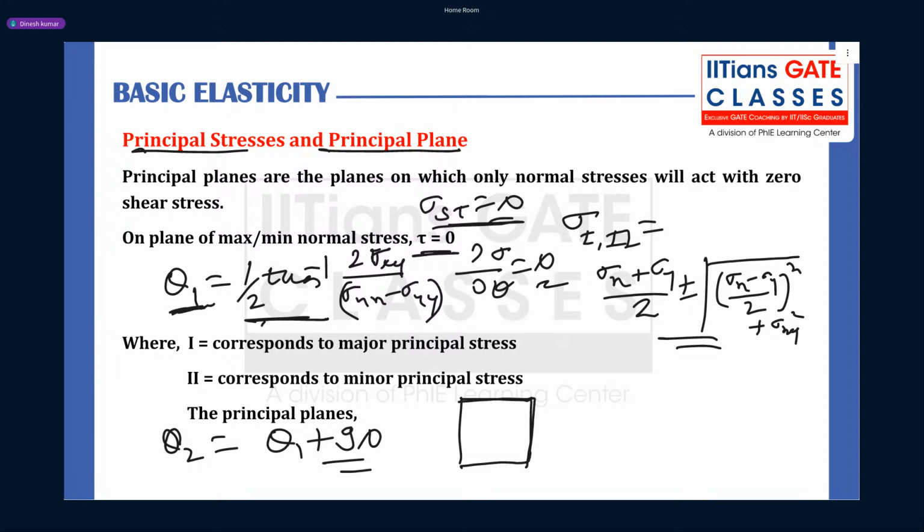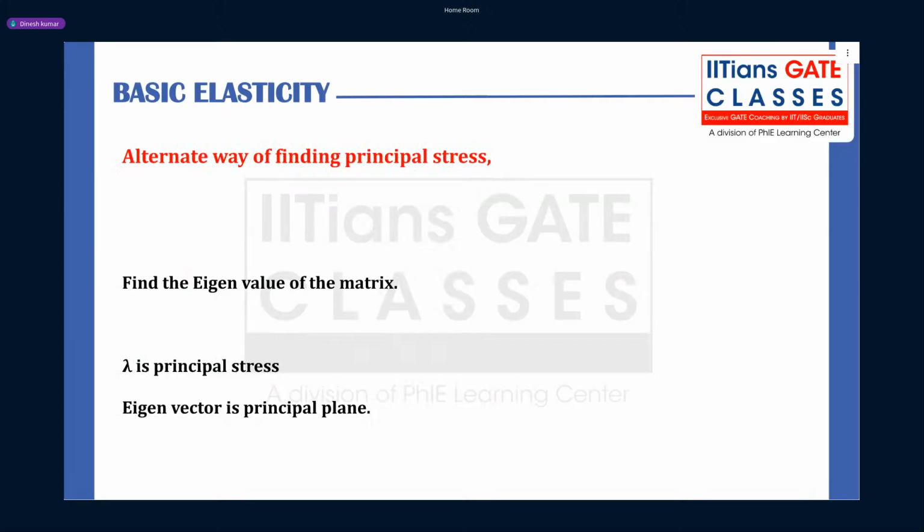Now these principal stresses you can find by an alternate, very easy method. You can write this sigma ij in matrix form: sigma xx, sigma xy, then sigma xy, sigma yy.